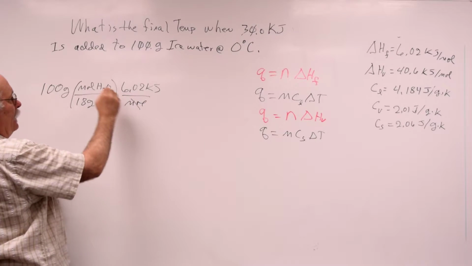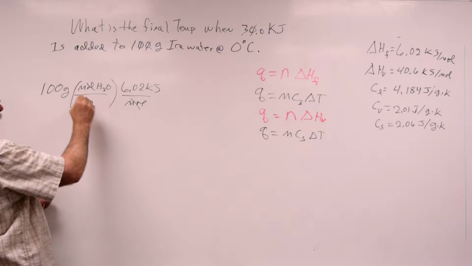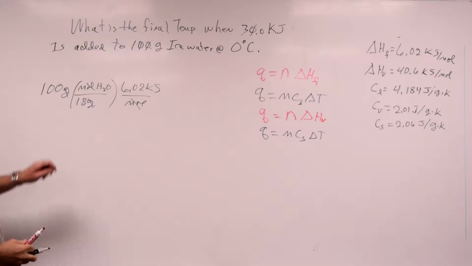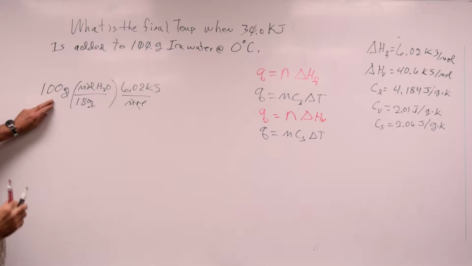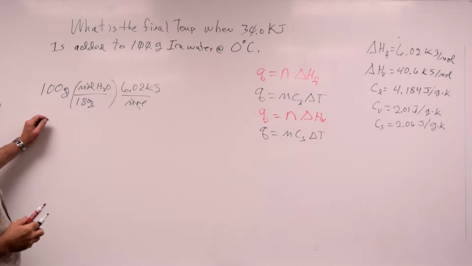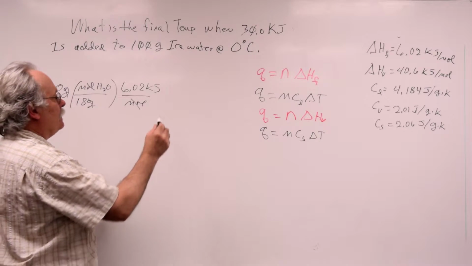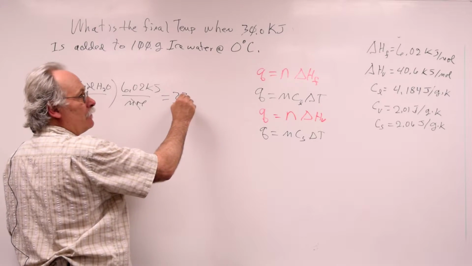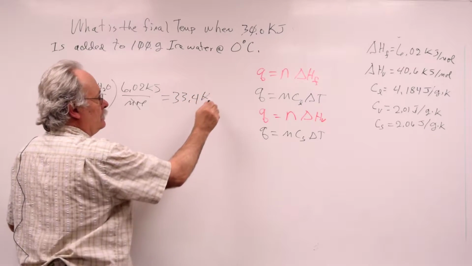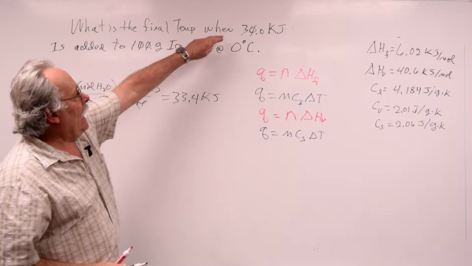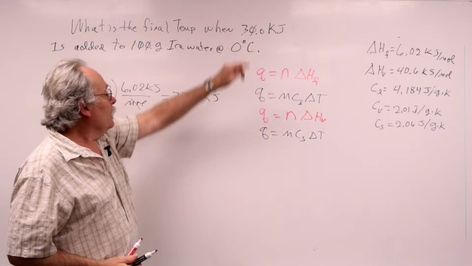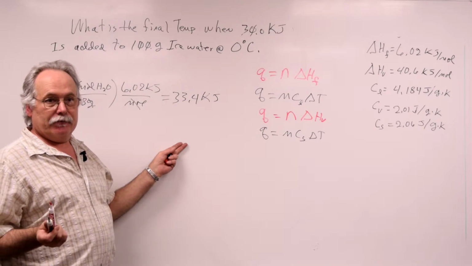So my moles of H2O cancel, my grams cancel, and I have the kilojoules required to melt it, and I see that this is equal to 33.4 kilojoules. Now, I'm only adding 30 kilojoules, so I'm still going to have some ice left, okay?